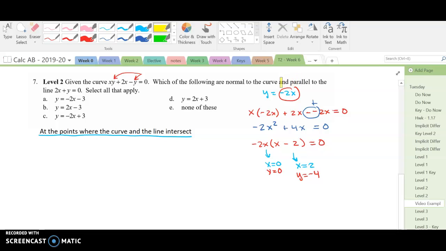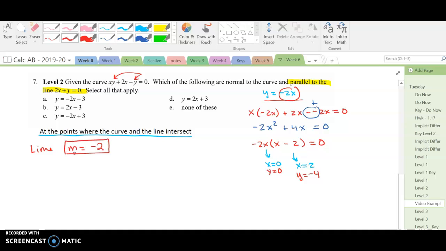We also know that the values are parallel to this line. So if we think about this line as y equals negative 2x, then for the line, m equals negative 2. Okay.